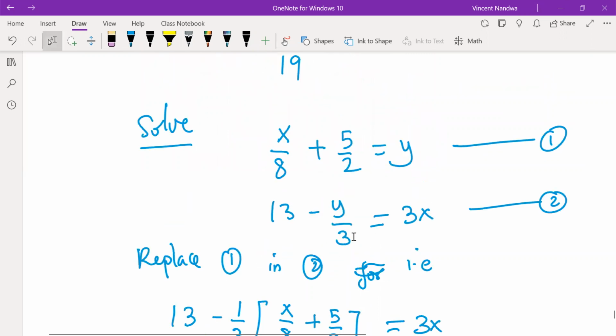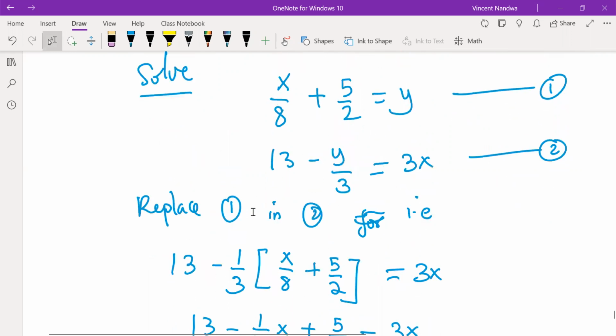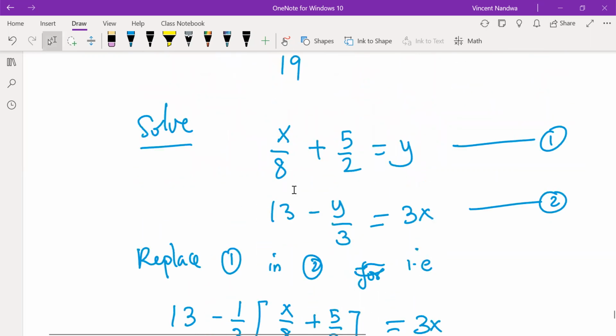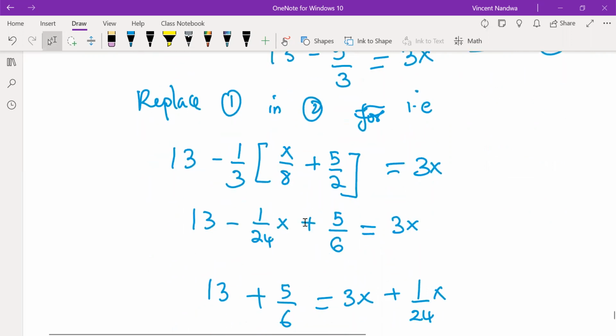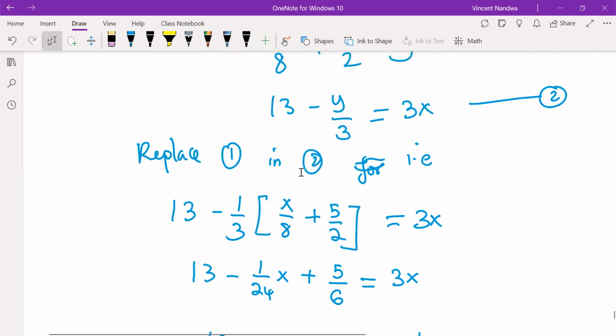So x over 8 plus 5 over 2 is y, 13 minus y, correct? So 13 minus y, which is x over 8. So remember, this will have a minus sign, because a minus times a plus is minus. That minus can mess you up.